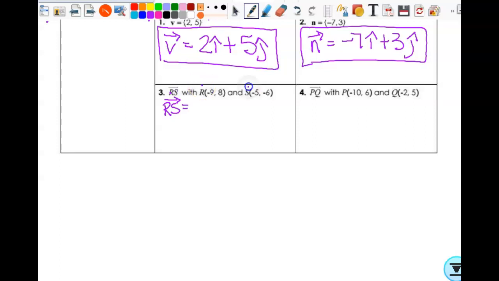So we do negative 5 minus a negative 9, which gives us 4, and then negative 6 minus 8, which is negative 14, right? So that's component form. Linear combination, which is what they asked us to do, is then going to be 4 I hat minus 14 j hat.